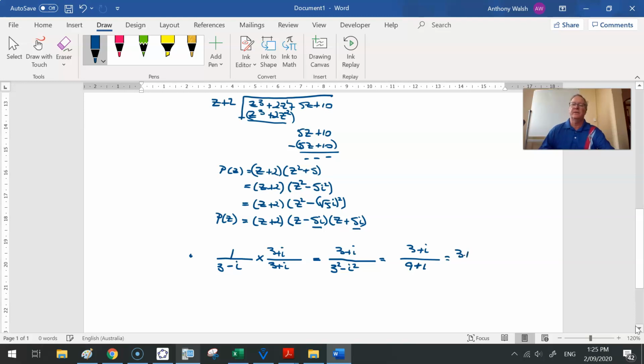So you're left with 3 plus i over 10. Don't forget that. If you're faced with dividing by complex numbers, we use the conjugate to rationalize that quotient.